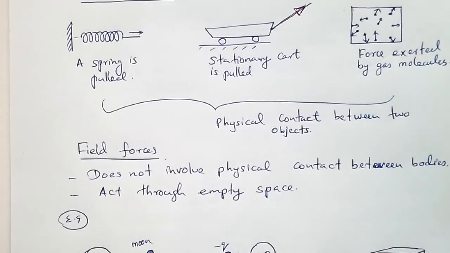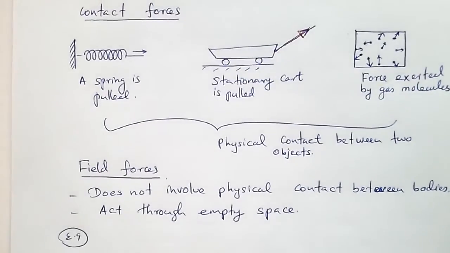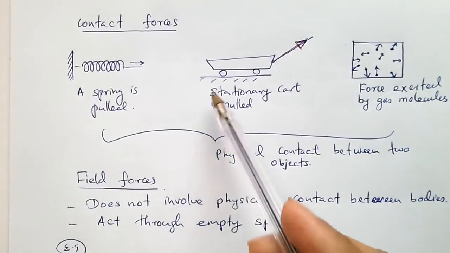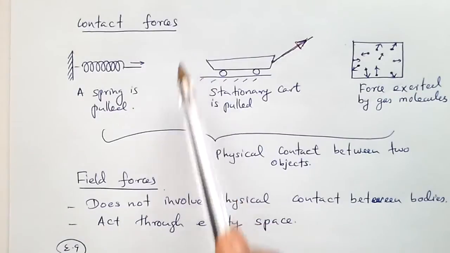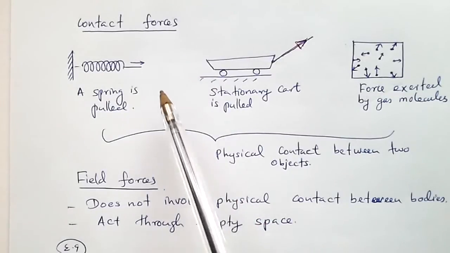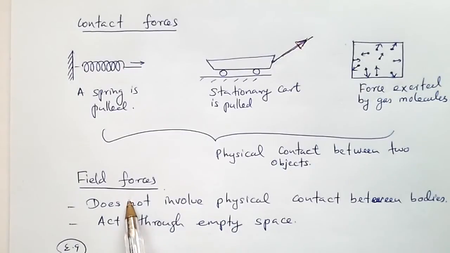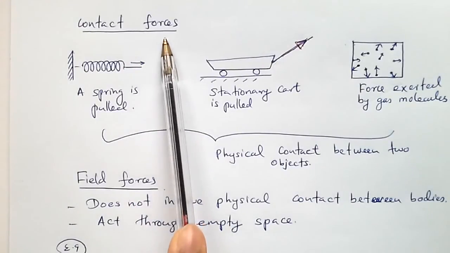Now let's move to the classification of forces. We classify forces into two main categories. One is contact forces, the other one is field forces. So what are contact forces?